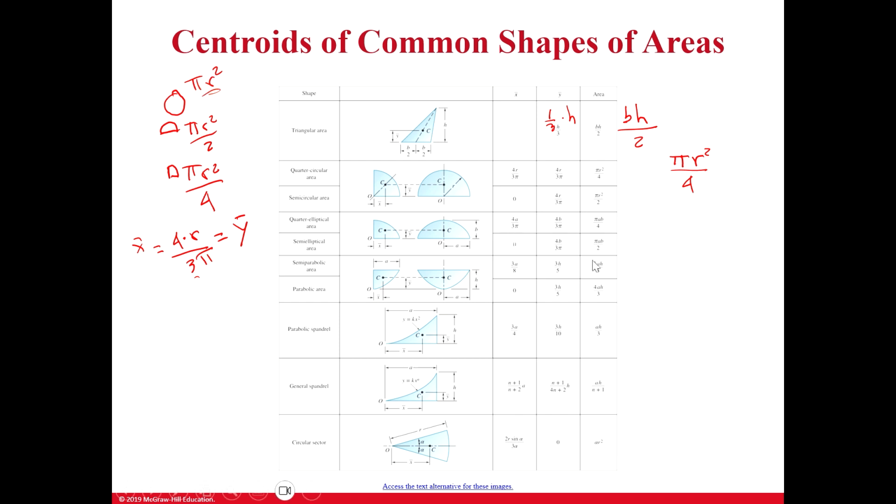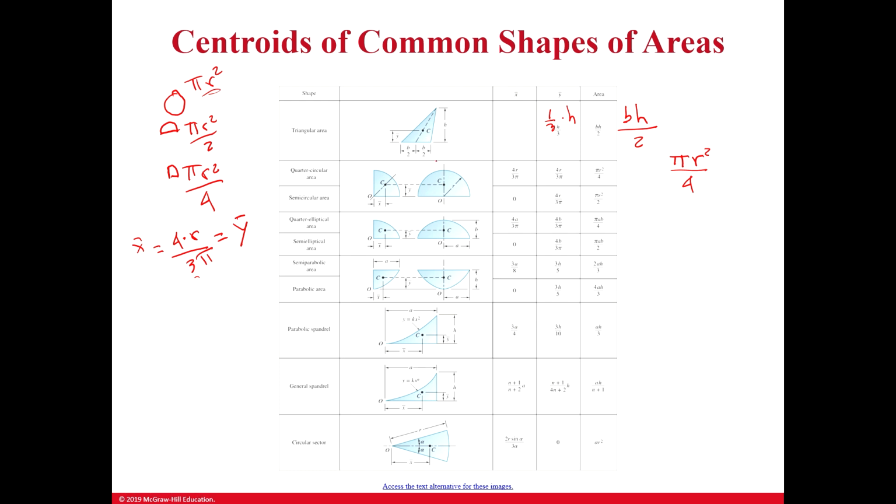So go ahead and go through the circle. We already did the parabola. The area is a times h divided by 3, and the distances in x are 3 times a divided by 4 and 3 times h divided by 10. So this is what I was saying. The distance in y is 3h divided by 10.